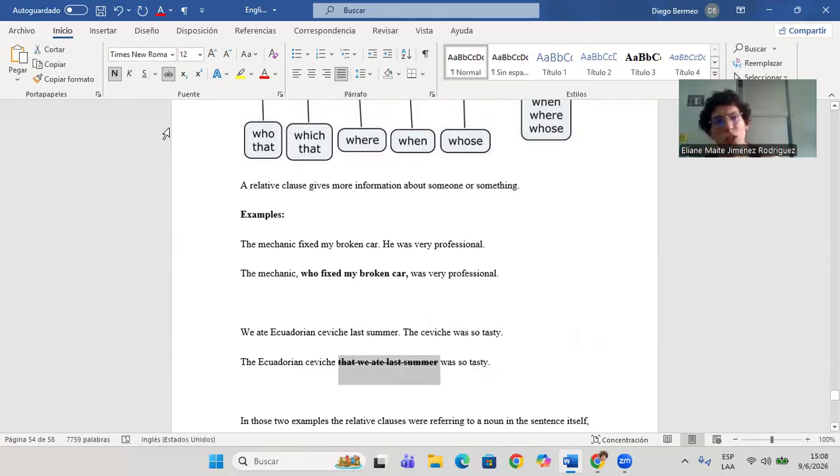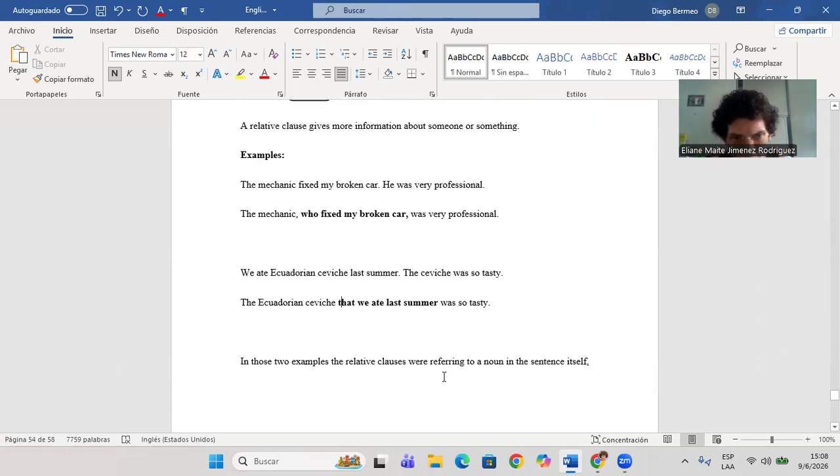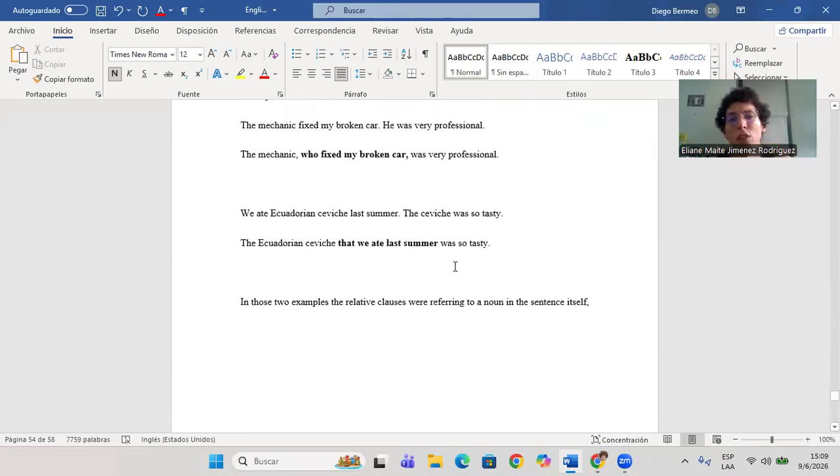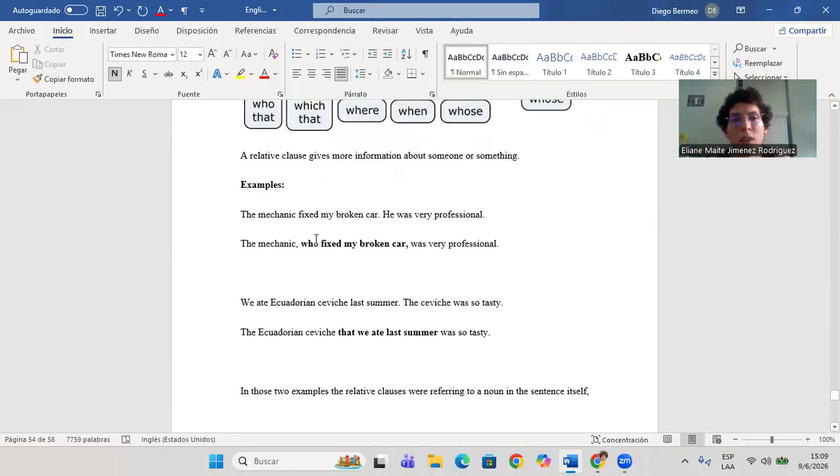It is very crucial. It is very important. So in this case, we are not going to add any comma, and this is going to remain like that. In those two examples, the relative clause was referring to a noun in the sentence itself. So, who refers to the mechanic, and that refers to the Ecuadorian ceviche.